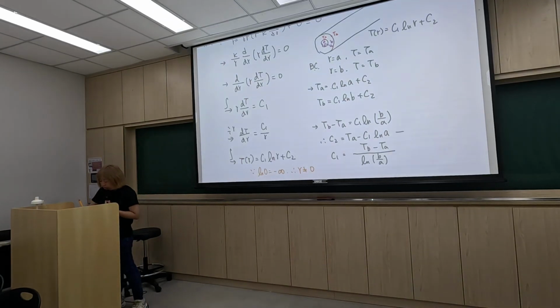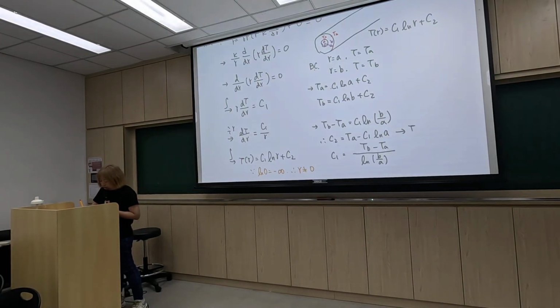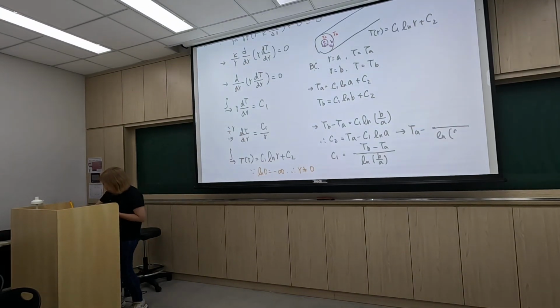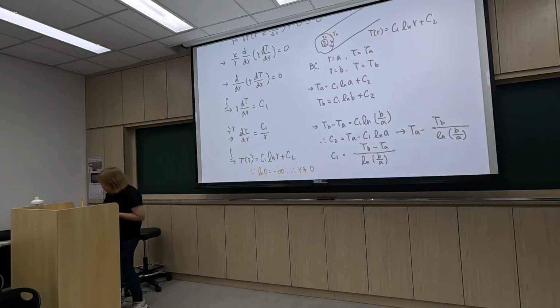Then the C2, we can also write it down like this, TA minus (TB minus TA) ln A over ln(B/A). Okay?